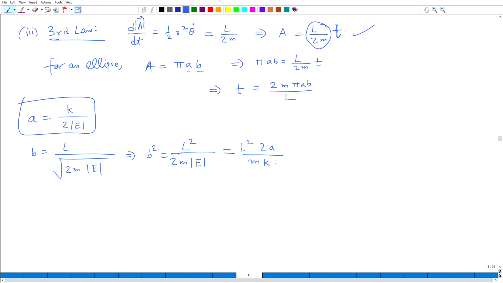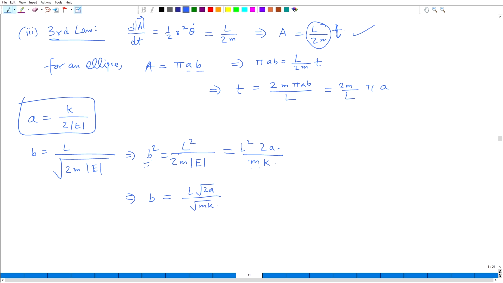Okay. Now, you see there is a nonlinear relationship between A and B here. I simply use that over here to write 2m by Lπ, I will write A as A, but B I can simply use this relation and say that B will be equal to L by root 2A by root mK.